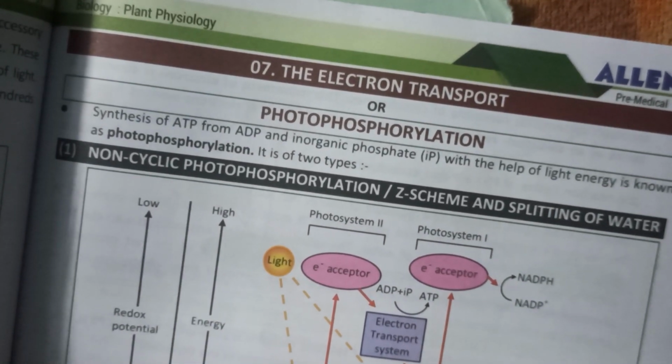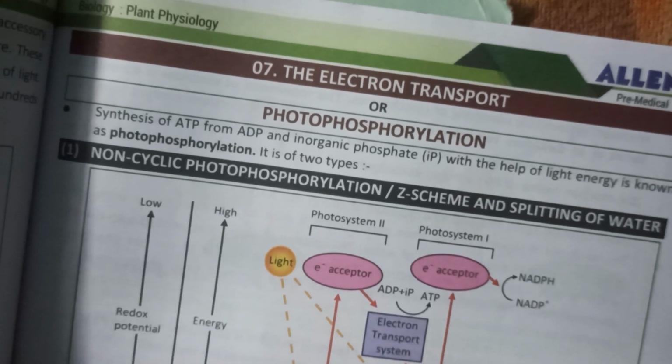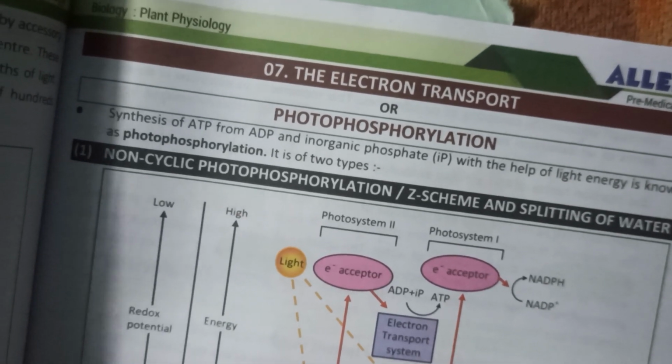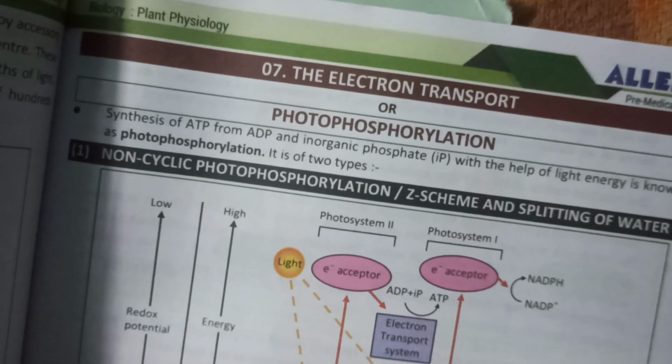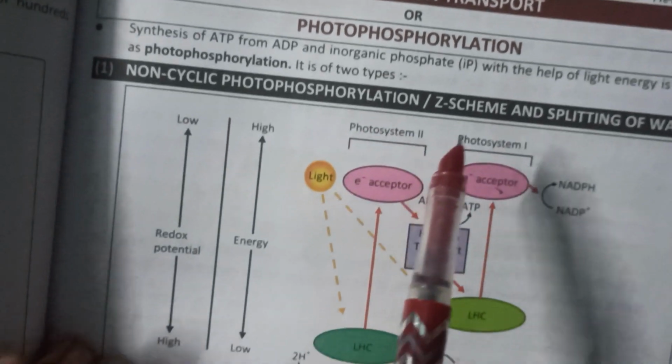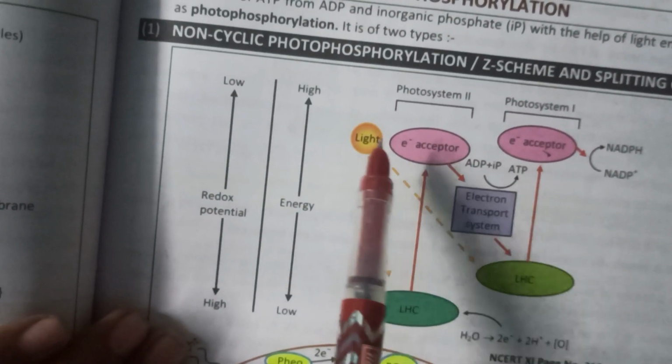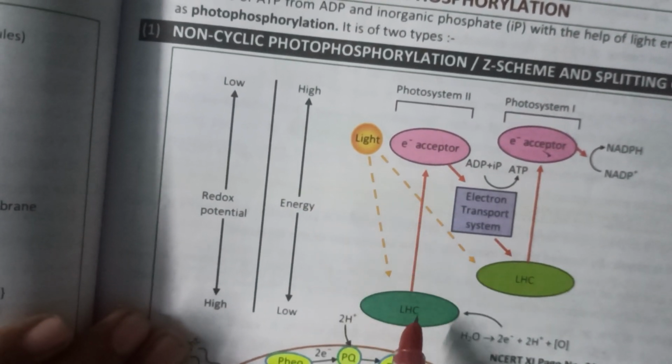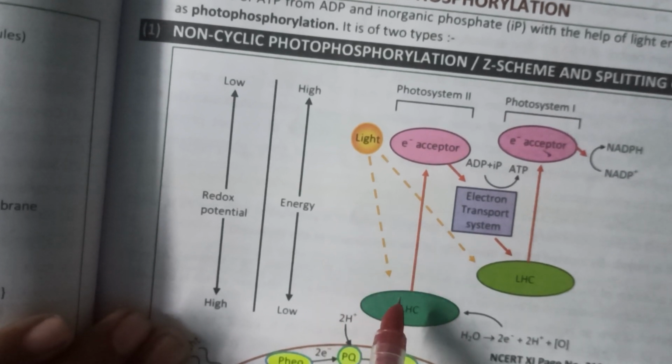So first of all we are going to study the non-cyclic photophosphorylation that takes place in the thylakoid membrane of grana, because it has two photosystems, photosystem 2 and 1. Initially, electrons from photosystem 2 will be excited as a result of the energy taken from the sunlight.